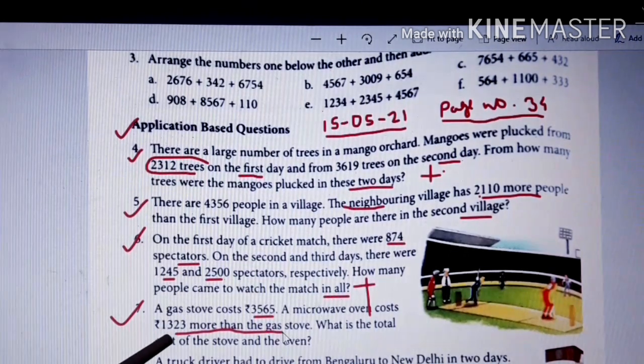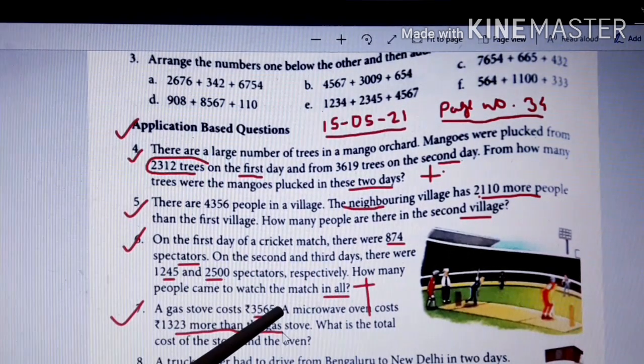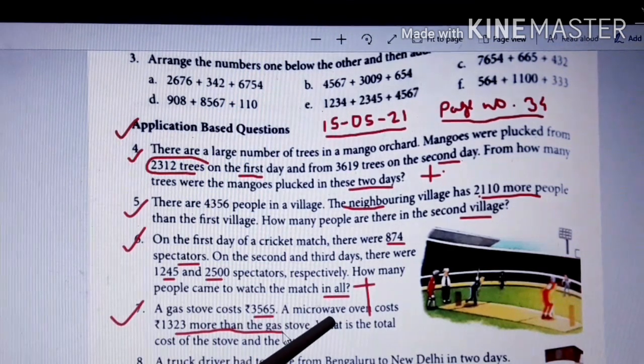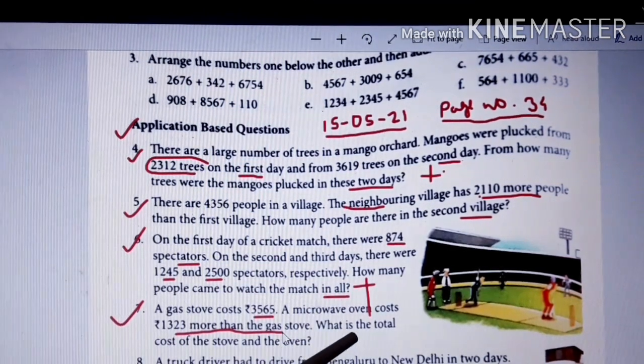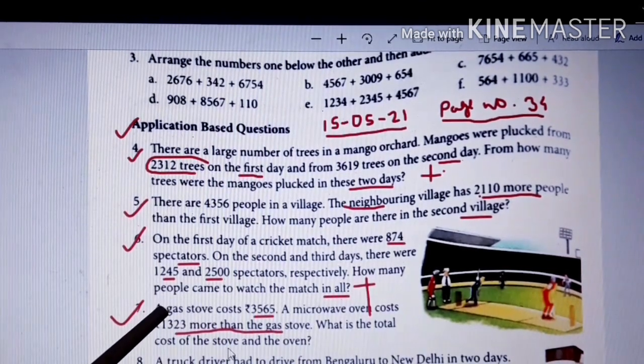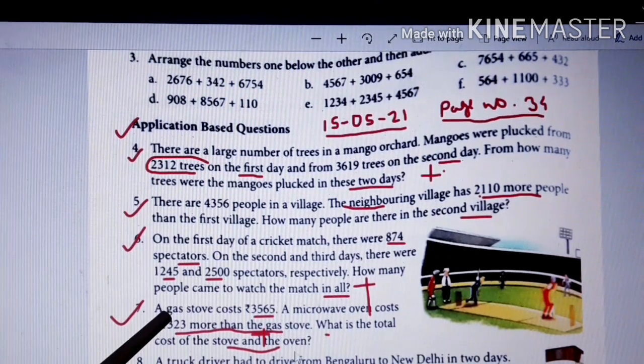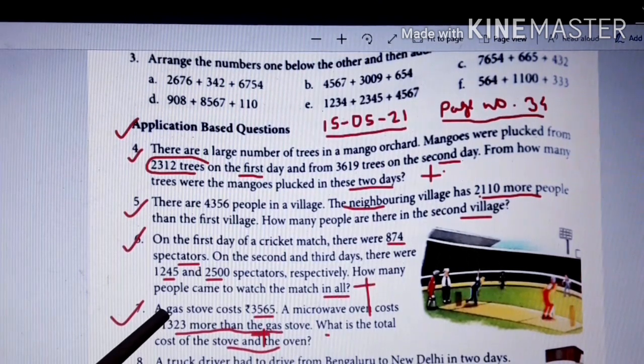You are going to add 1,323 with the cost of the gas stove to find the cost of the microwave oven. What is the total cost of the stove as well as the oven? So we are going to add the cost of stove plus cost of oven.